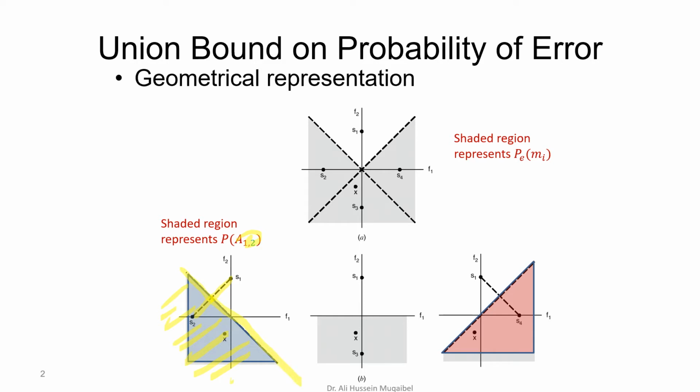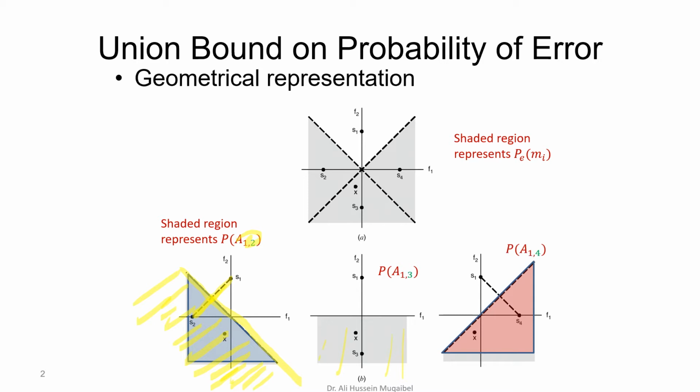So if you want to distinguish the region of decision between two points, two symbols, you draw a line connecting them, and then you draw a perpendicular line in the middle. So this region is the region that covers A12. And then for A13, we have this region, anything in the lower part.